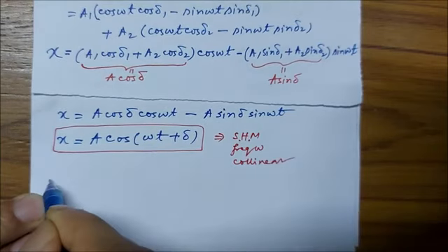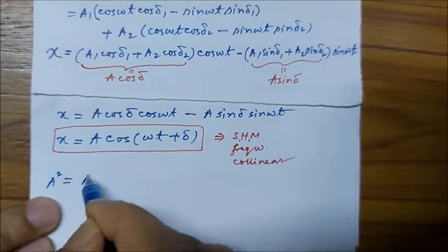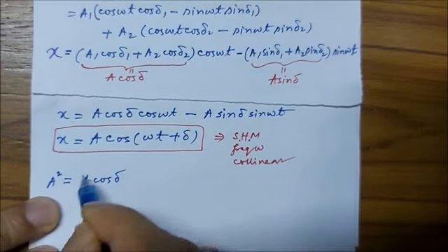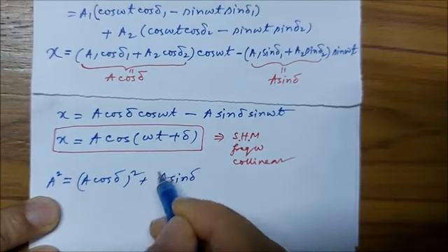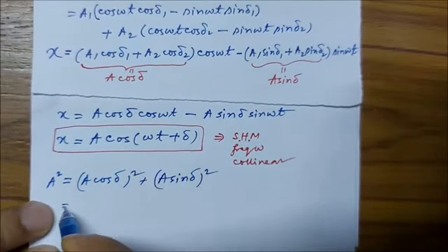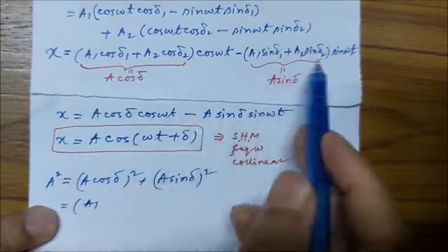Here let us find the amplitude. So A square is this gives us the bracketed expressions square.